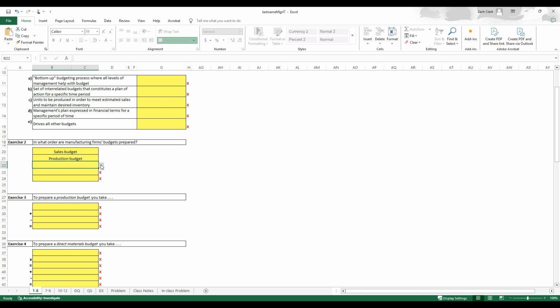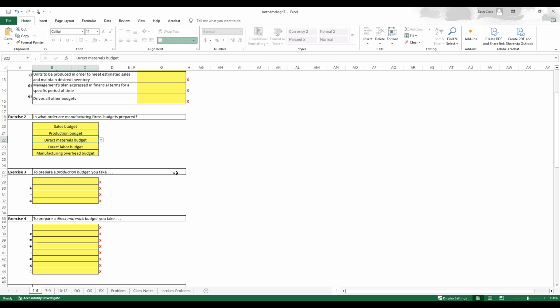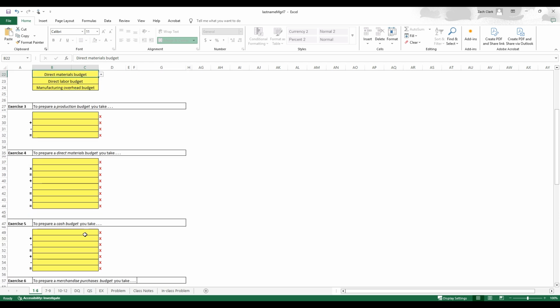And then we're going to go through and do our operating budget. We have our direct material. These are all components of that operating budget: direct materials, direct labor, and overhead.